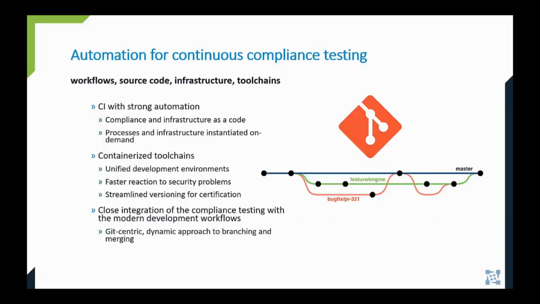Automotive software teams require automation to stay productive with large code bases and growing requirements for compliance testing. And automation of software testing and compliance enforcement is a vast subject, and our time today is very limited. So I will only touch upon a couple of essential aspects and share with you some of our high-level observations.